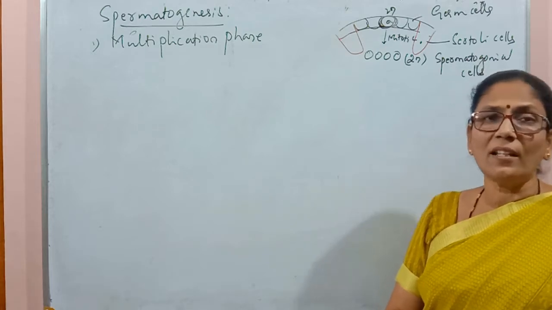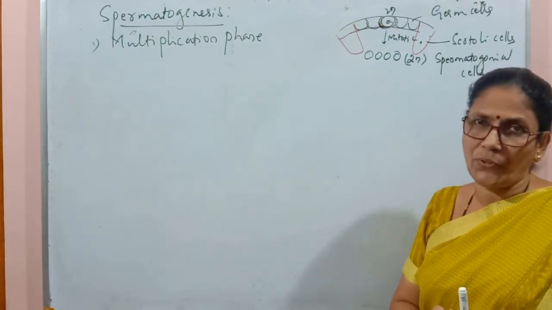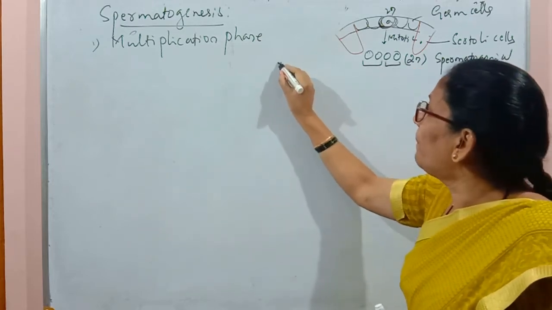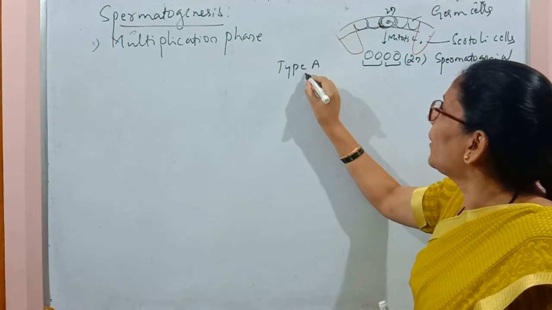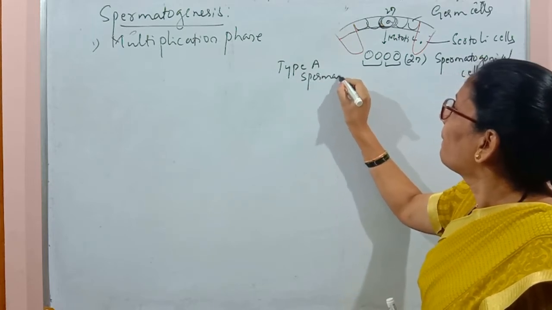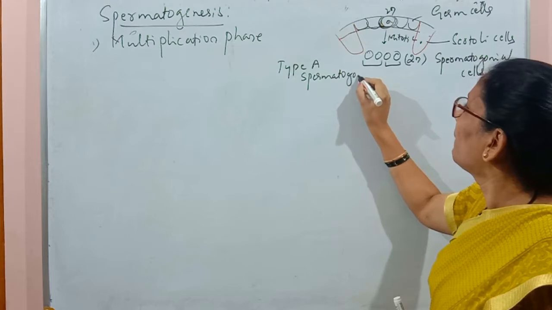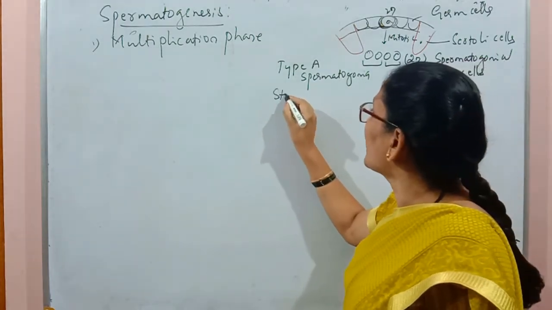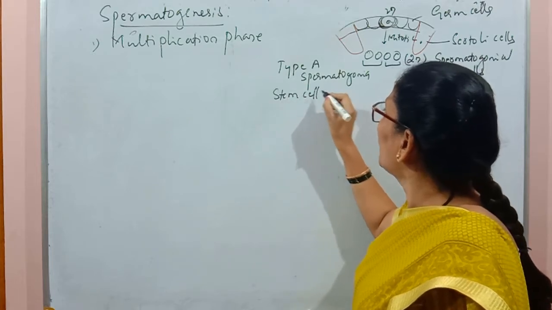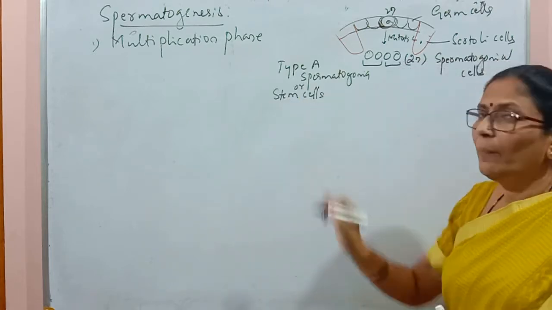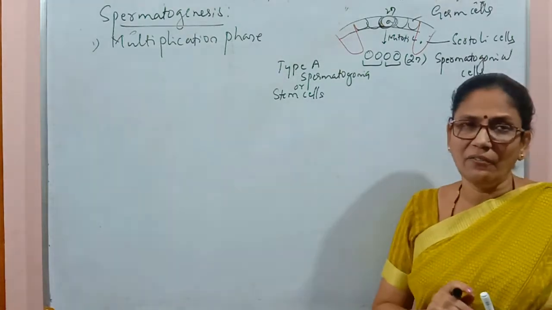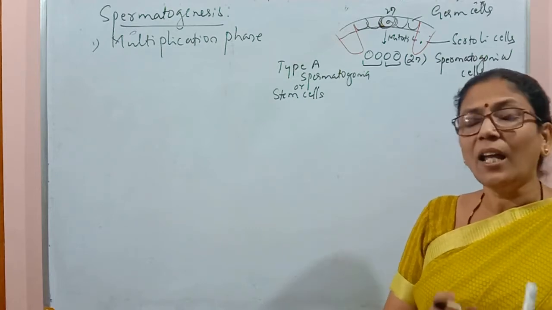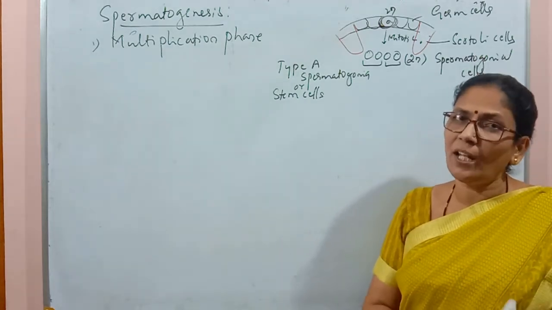But we divide these spermatogonial cells into two groups. The first group of spermatogonial cells we call the type A spermatogonia, or we may also call them the stem cells. These cells divide by mitotic division and form many cells, and they are again spermatogonia only.